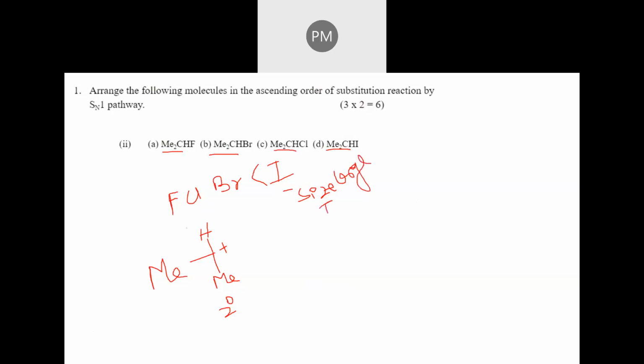Also, the ionization potential is less, because ionization potential is charge divided by radius.